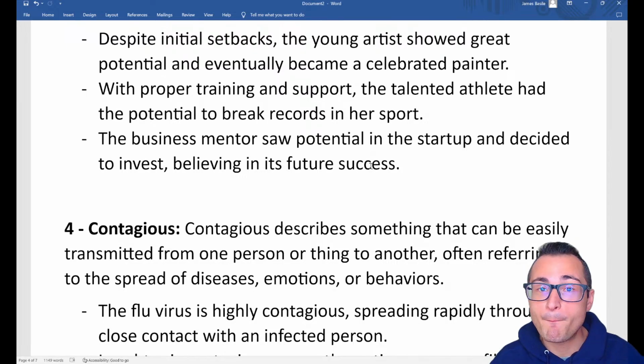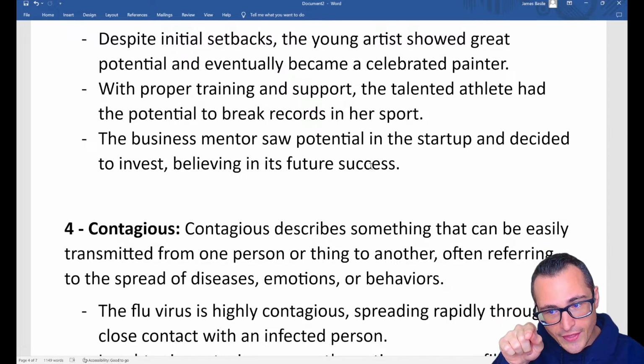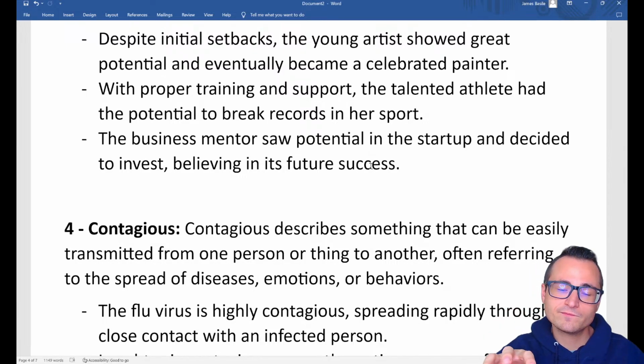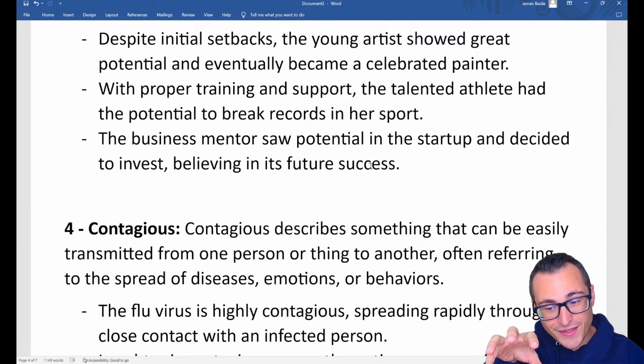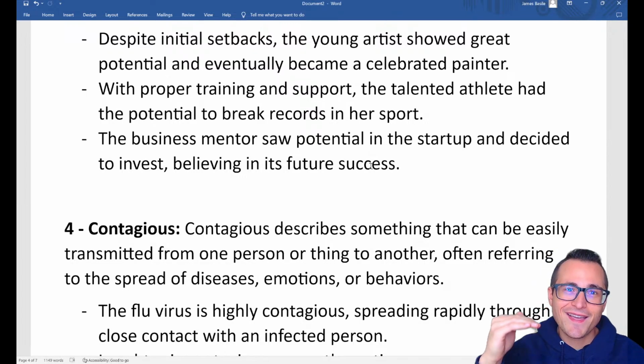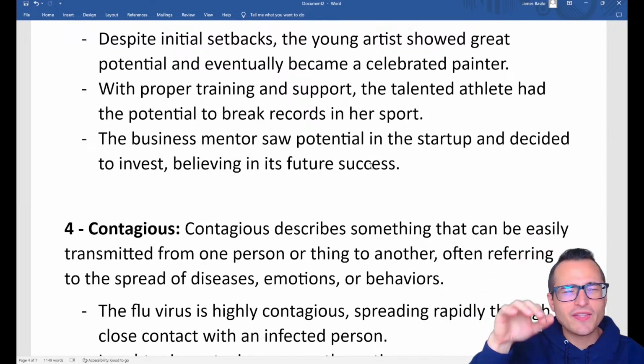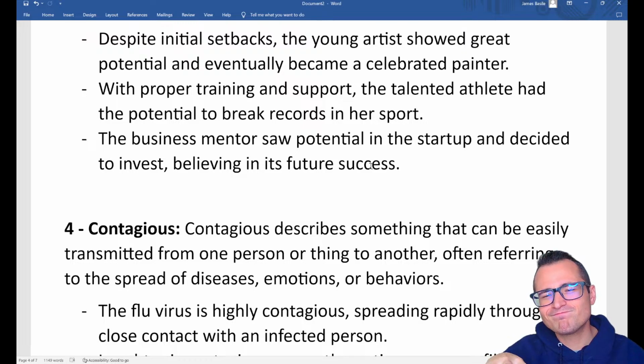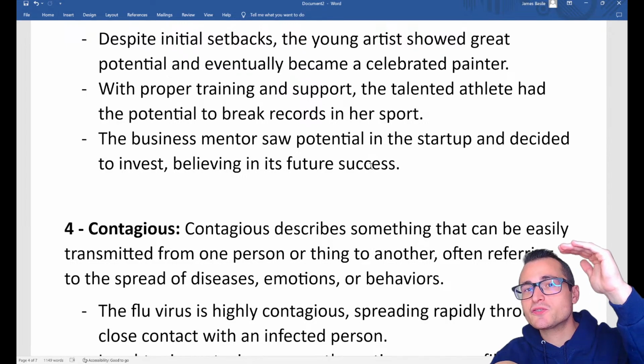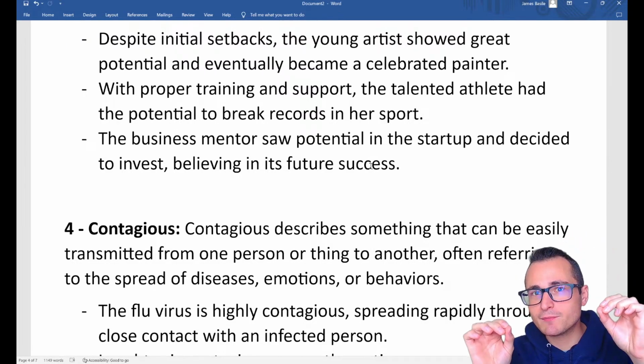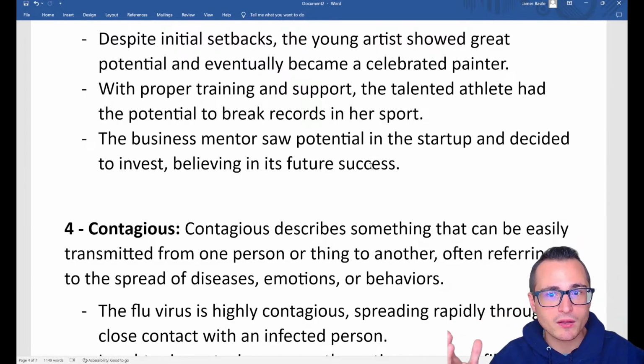The business mentor, the business person, saw that this little business, this startup company, had potential. They weren't doing the best in the beginning, but they had potential. They could possibly be doing really well.